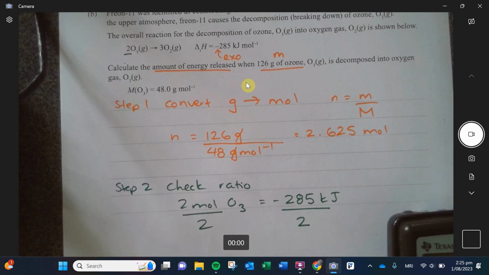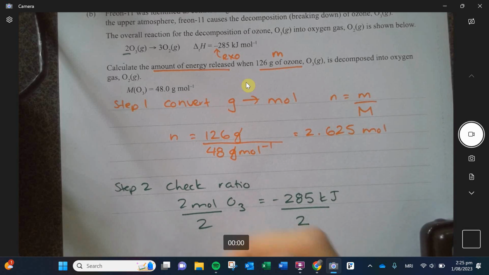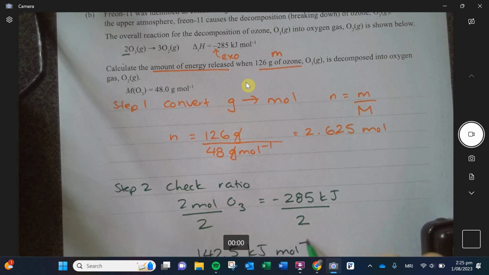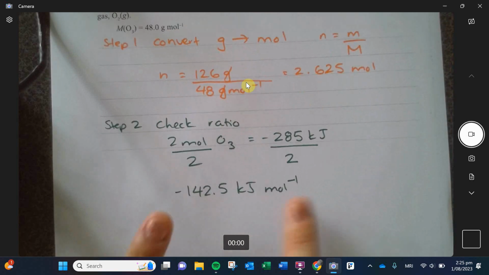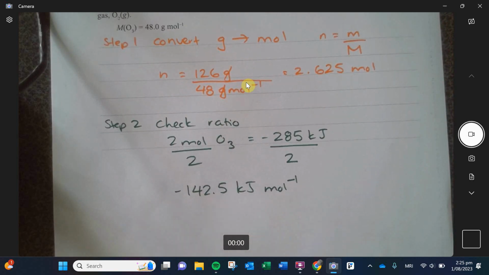So we're doing 285 divided by 2. And so this would be 142.5 kilojoules per mole. And that's going to be energy released. So that's what I found here.